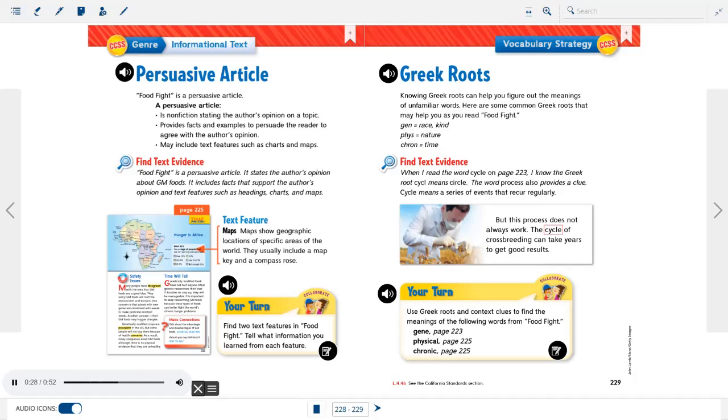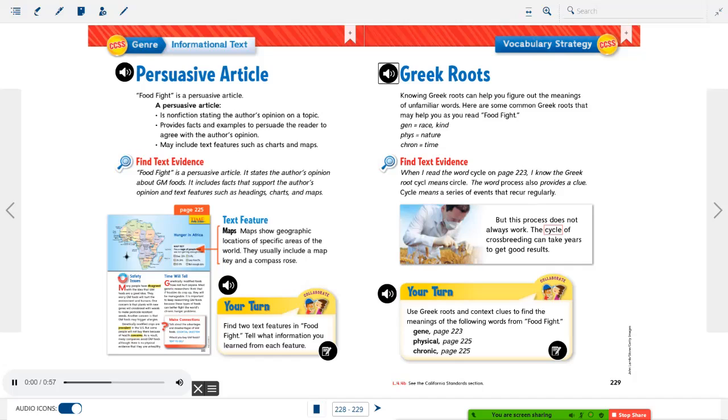It states the author's opinion about GM foods. It includes facts that support the author's opinion and text features such as headings, charts, and maps. Text feature. Maps. Maps show geographic locations of specific areas of the world. They usually include a map key and a compass rose.